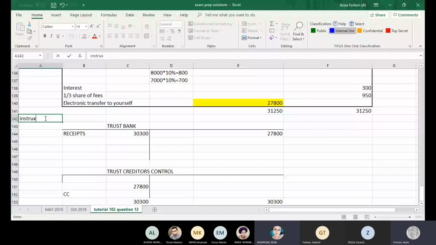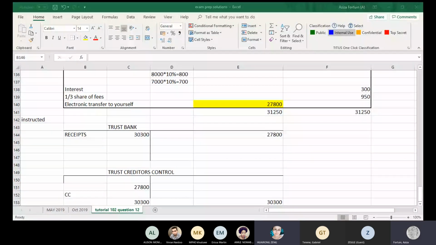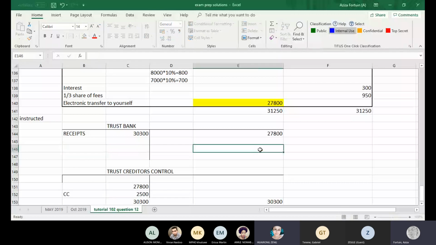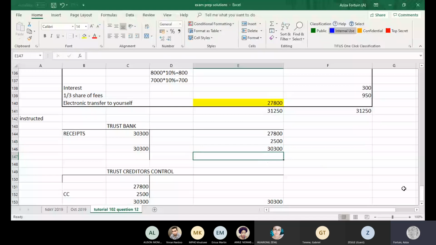Yes, we debit that 2,500 rand, because that should be a transfer journal. Okay, so that 2,500 is there.